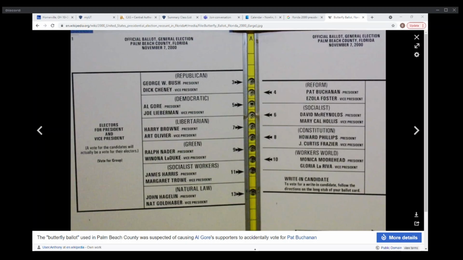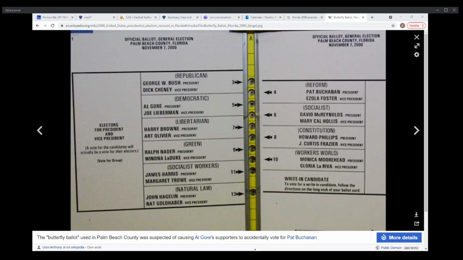Now, I need to point out that this ballot in this format was approved by both the Republican and Democratic parties in Palm Beach County. They both approved it.